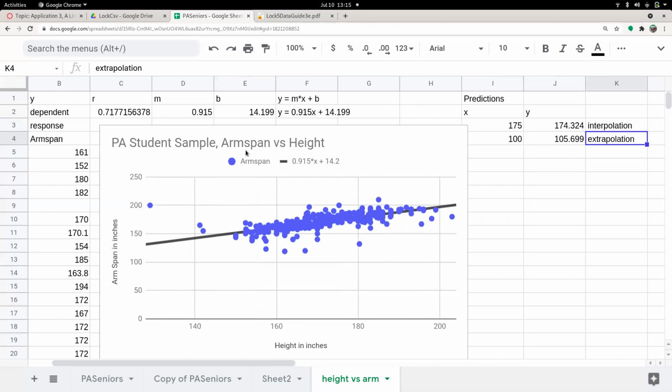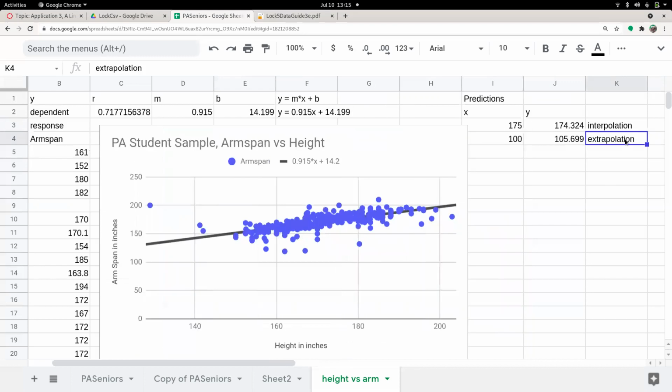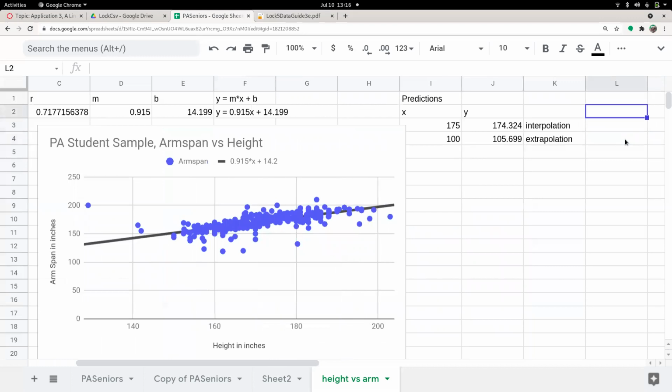The answer is no, I don't have data related to 100 or 105. Although there are some heights down here that are, let's see, we got 100, arm span 119, 120. Okay, so we have nothing as low as 105. So again, this is outside of my realm of knowledge. It's extrapolating. And so is it reasonable? Maybe, maybe not.